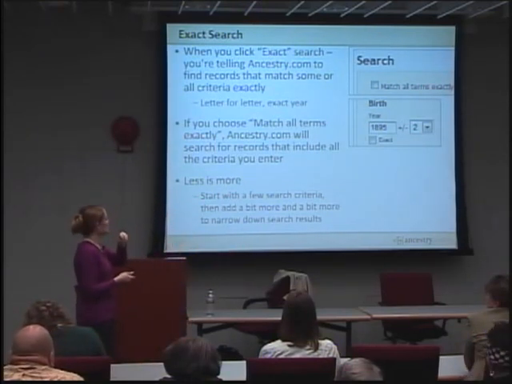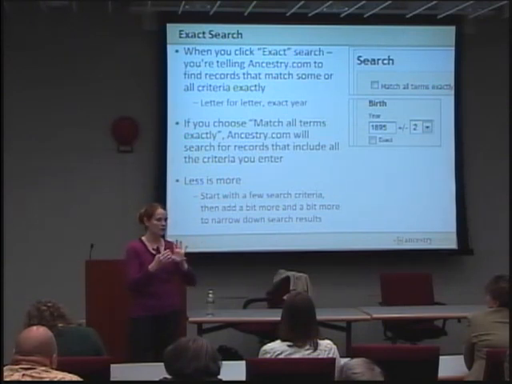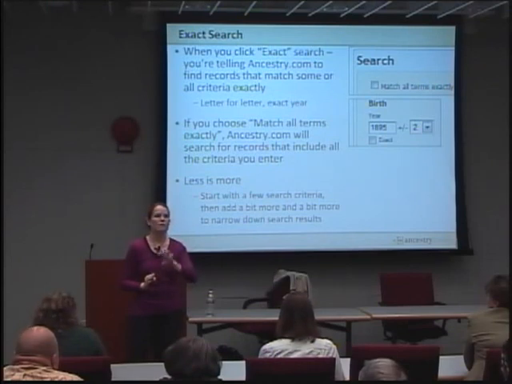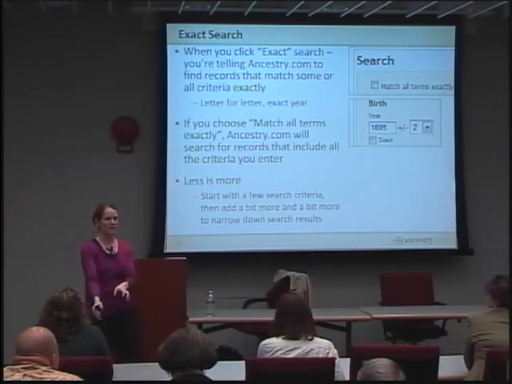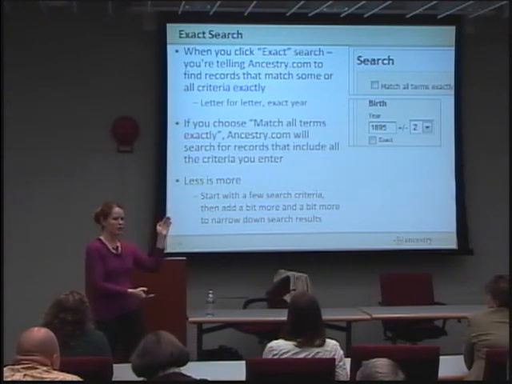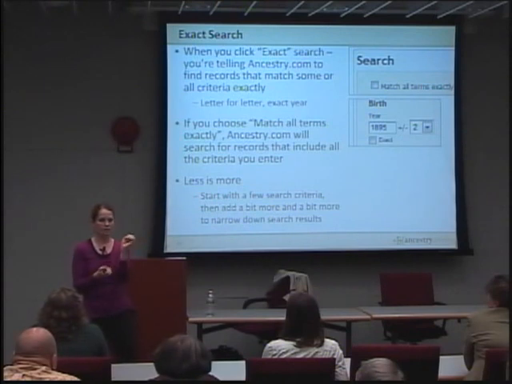Now, my intention when talking about exact search is not to scare you away from using it, because doing exact things is a very powerful search tool. However, be cautious, because you can exact yourself out of any matches. There might be lots of records for your ancestors, but you click on exact in so many places that you just exacted yourself out of matches because there's no record that matches everything that you're doing.